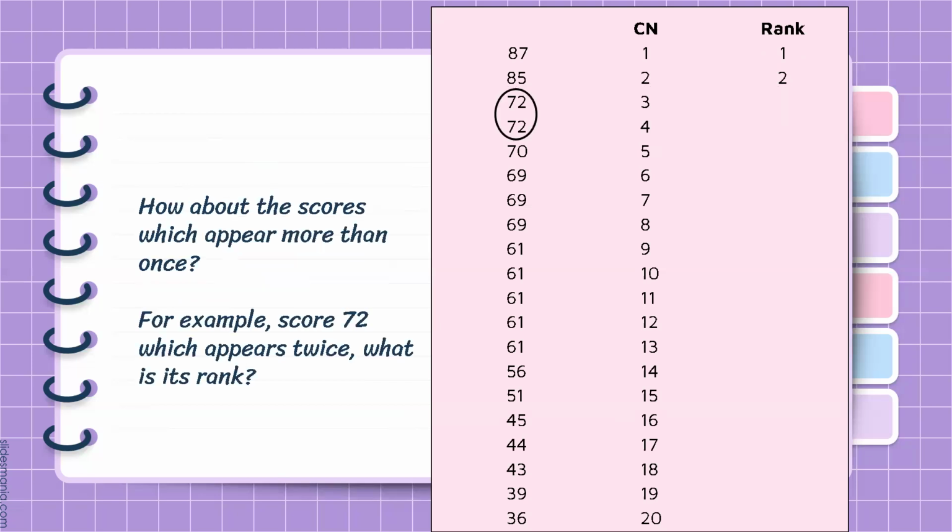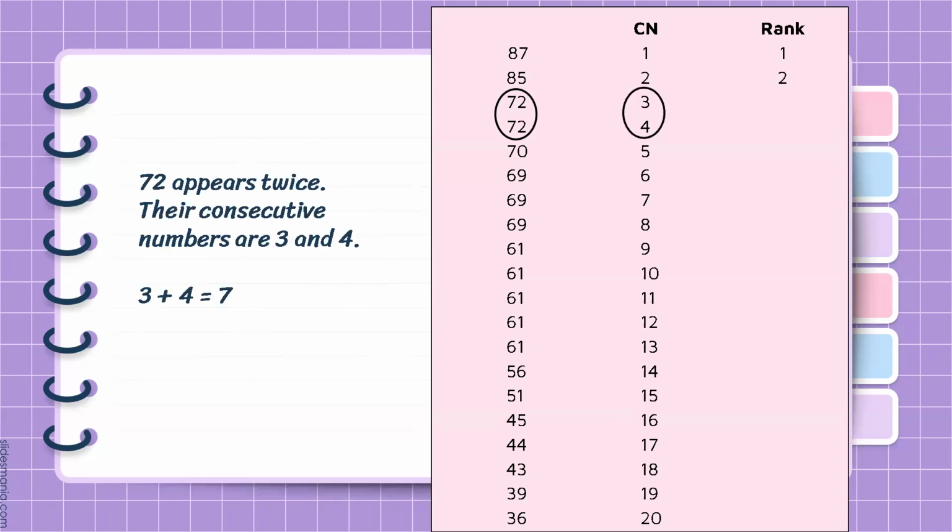How about the scores which appear more than once, such as the score 72, which appears twice? So what do you think is its rank? 72 appears twice, and their consecutive numbers are 3 and 4. To determine the rank, we have to add their consecutive numbers.